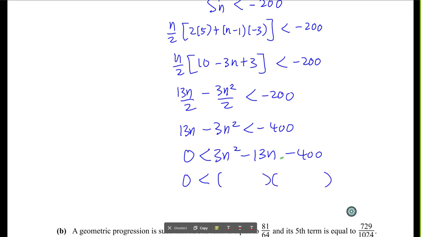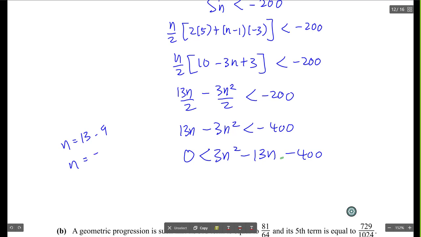I will do the EQN thing. It's a decimal thing. That's why you won't get a whole number. n equals 13.9 and n equals negative 9.58.